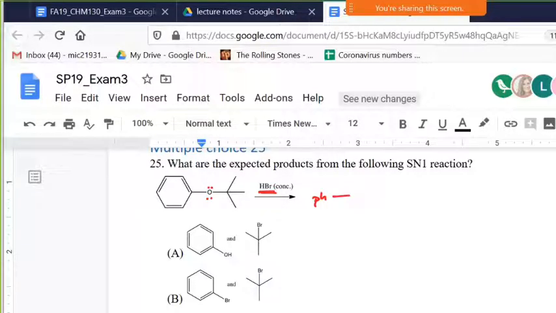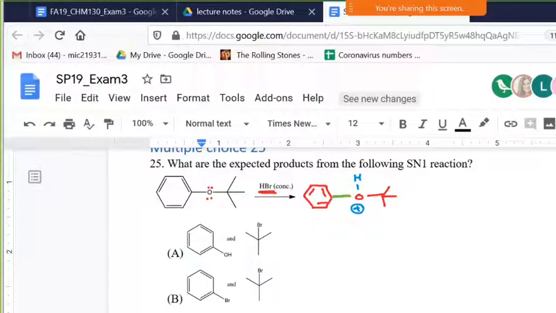So our very first step, I'm just going to write a pH, put an H. That oxygen would be positively charged. Because this is SN1, I need to have our leaving group leave. So that oxygen would need to take electrons. So now the question becomes, where should I take the electrons from?